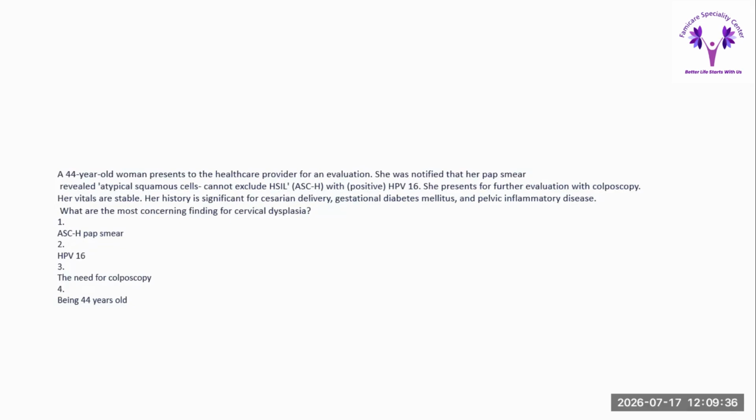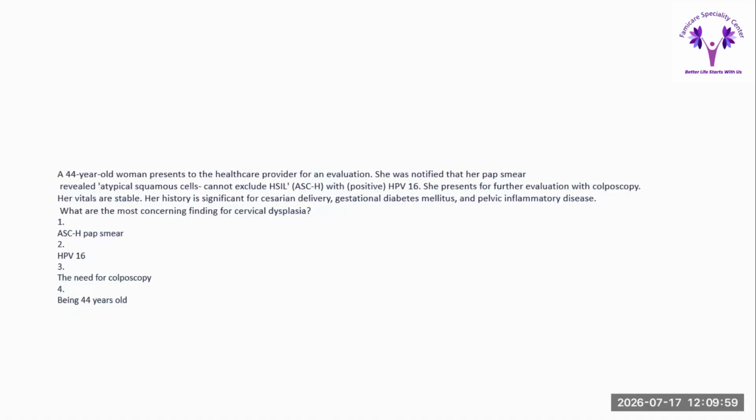So it is a simple question, and you should be able to answer it. One is the ASC-H pap smear, HPV-16, the need for colposcopy, and being 44 years old. So in this case, HPV-16 is the most discerning factor for this woman.